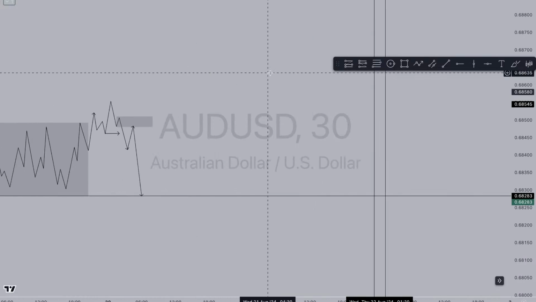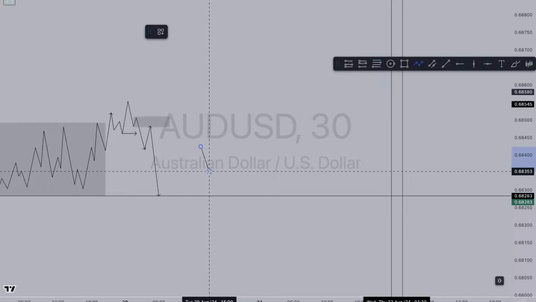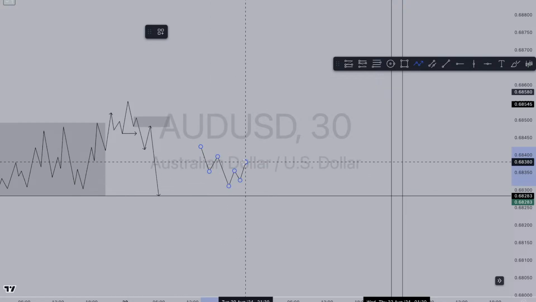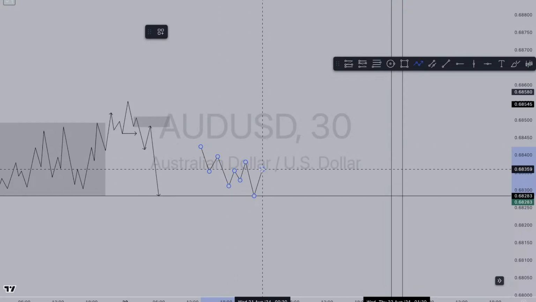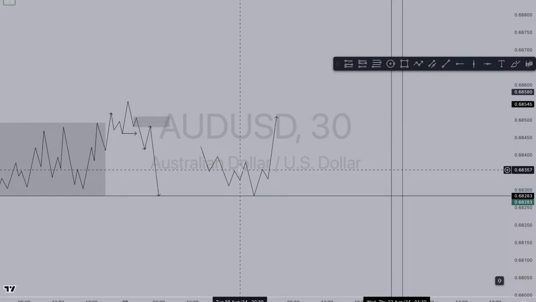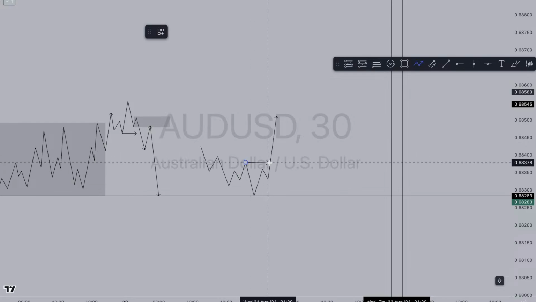Now, for a buy, what does a buy look like? We have some sort of bearish structure. Sweep of the structure, making a lower low. Then a change of character. Boom. Change of character. We broke these highs.